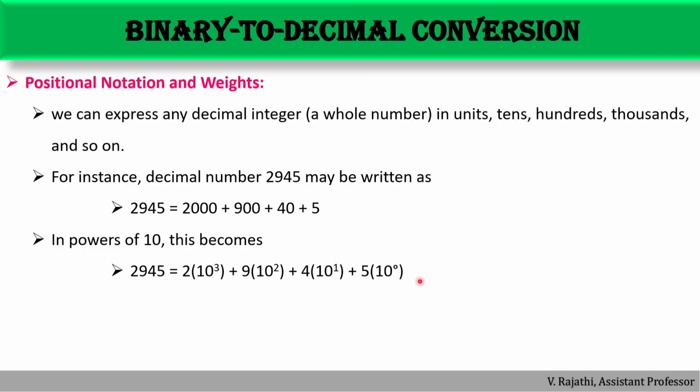So 10 power 0 is 1, so 5 into 1 is 5. 10 power 1 is 10, and 4 into 10 is 40. 10 power 2 is 100, so 9 into 100 is 900. 10 power 3 is 1000, so 2 into 1000 is 2000. So we can write it this way also. Both have the same meaning.